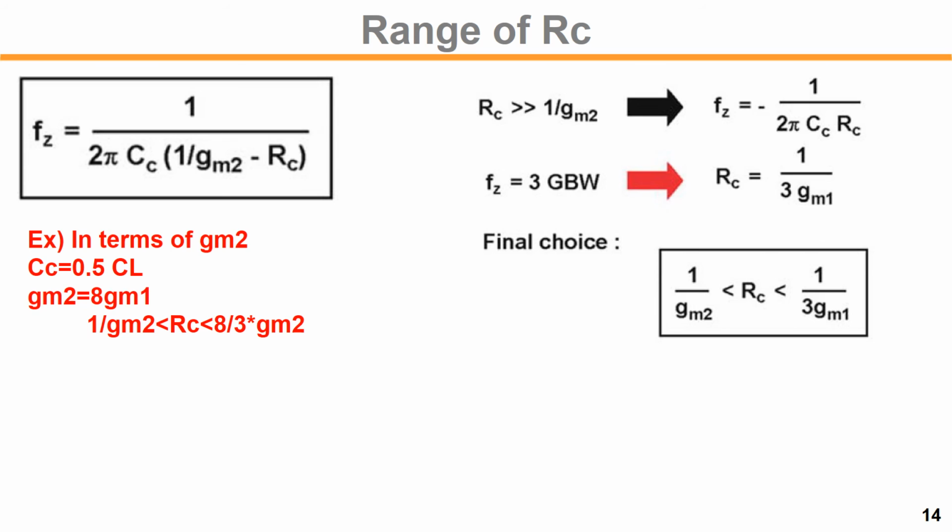So let's target, in our initial design, what value of the RC must be chosen. We will consider that if the RC is much greater than 1 over GM2, then it will be a left half plane zero, a negative zero.